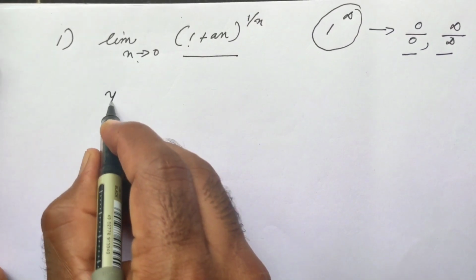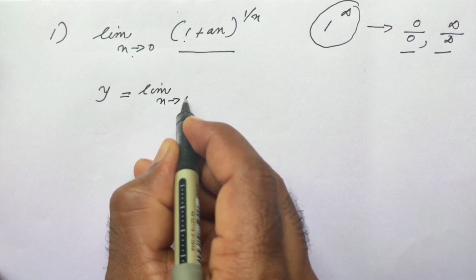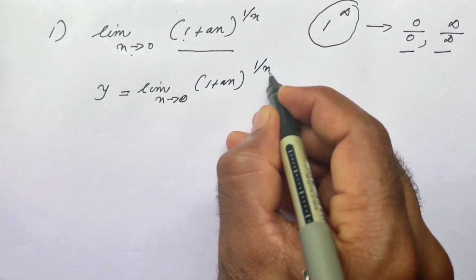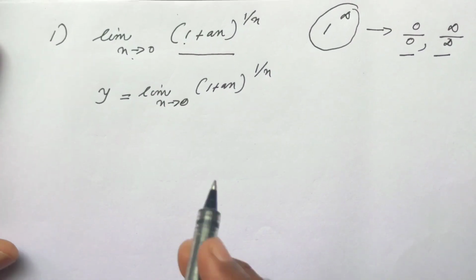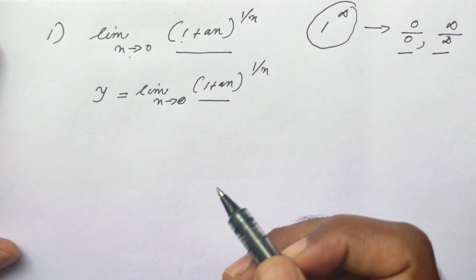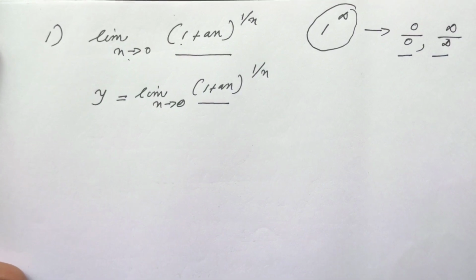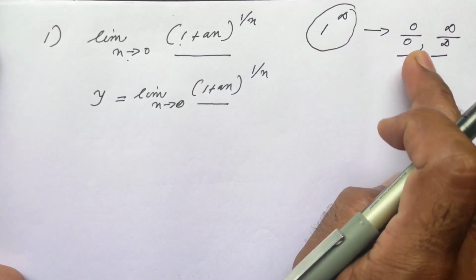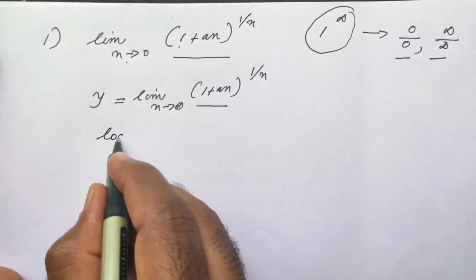So let's take the question y equal to limit x tends to 0, (1 plus ax) raised to 1 by x. Here it is in the form of a function raised to another function. The main idea to remember, to convert this indeterminate form into 0 by 0 or infinity by infinity form, is to take log on both sides.